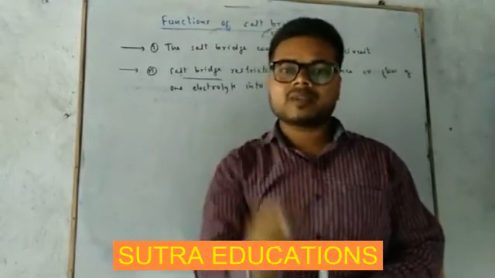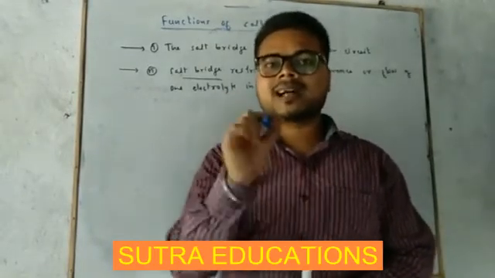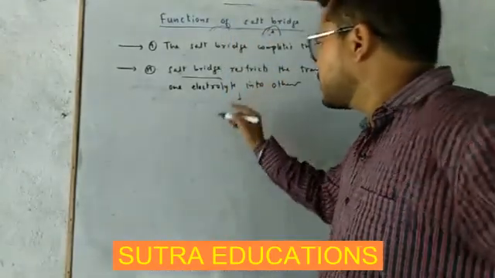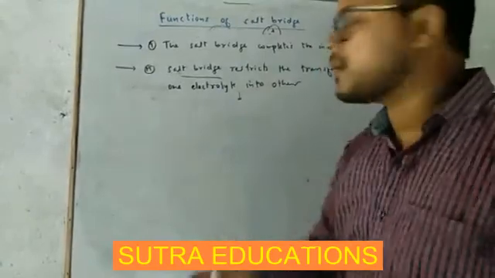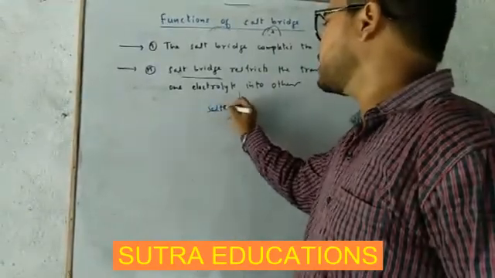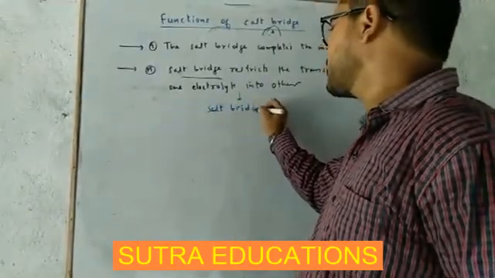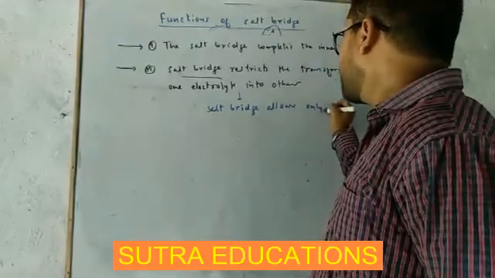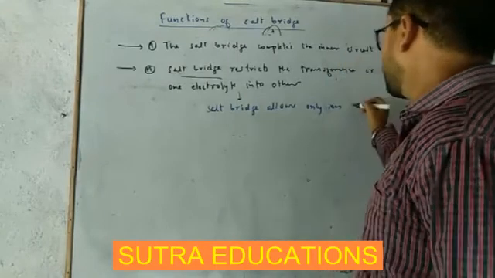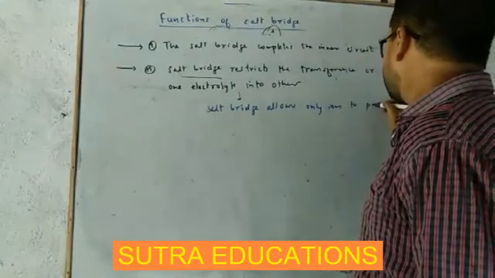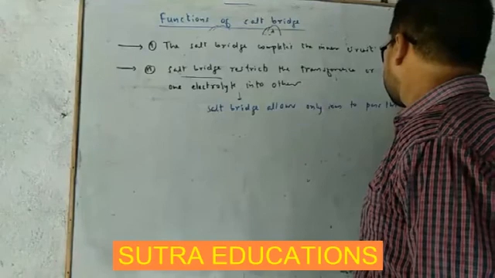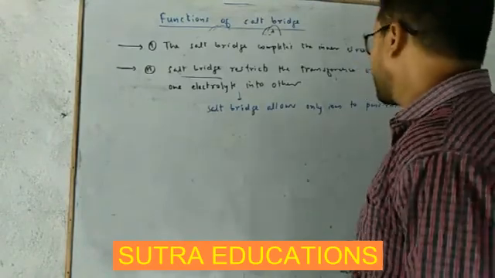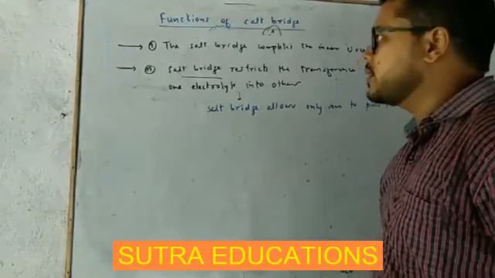The only thing which can pass through the salt bridge is the ions. Getting this? So salt bridge allows only ions to pass through it. Okay, come to the third point.